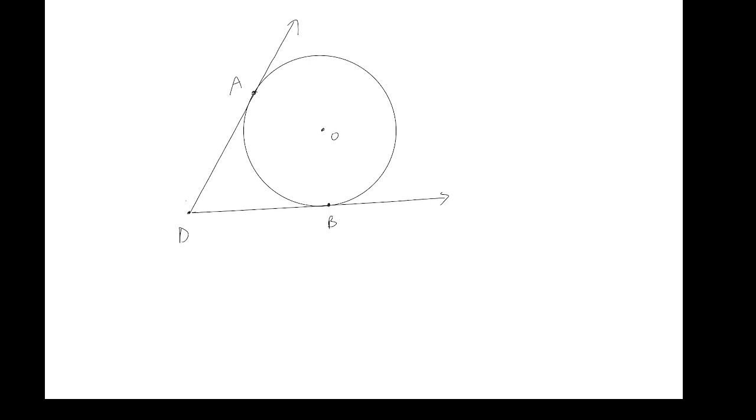Circle O. Let's put C. And then I have AC and CB, right? This is x degrees. This is 42 degrees given to us. BC is 222 degrees.